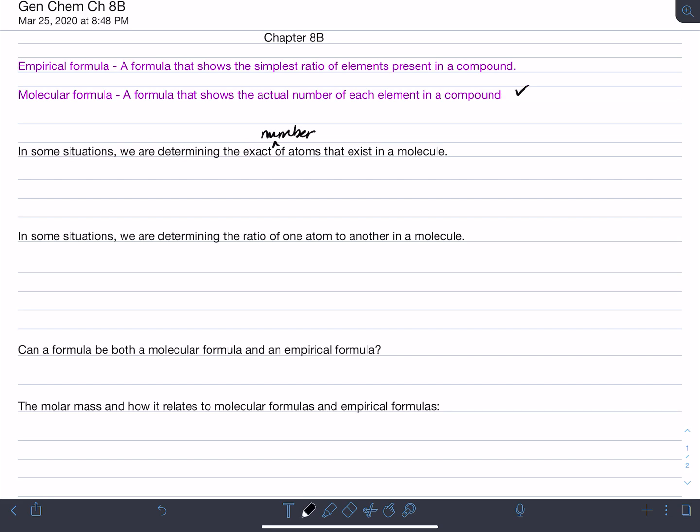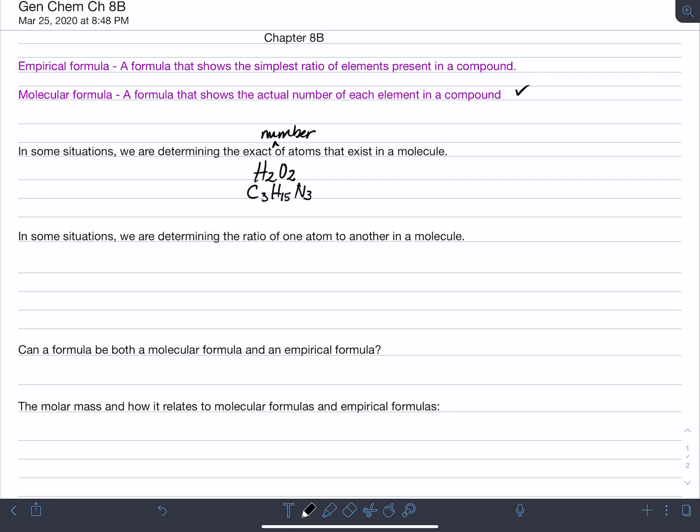Okay, so a couple of molecular formulas would be something like H2O2. In one molecule of hydrogen peroxide, we know we have two hydrogen atoms and two oxygen atoms. Another molecular formula is C3H15N3.